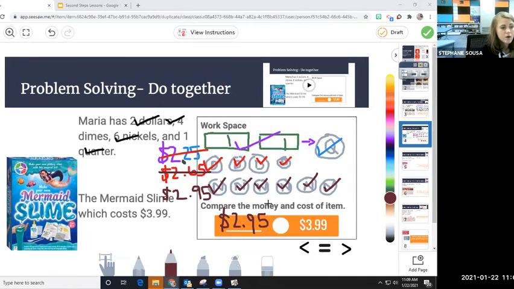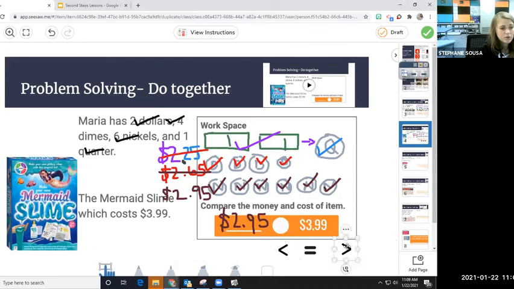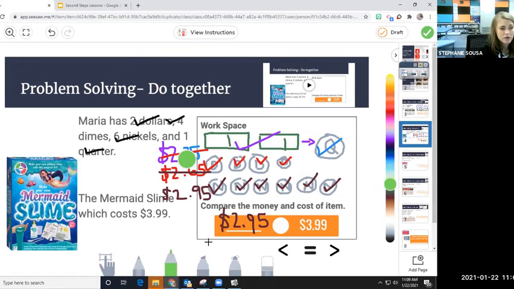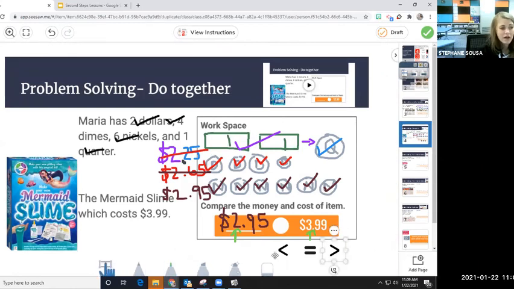Okay, now we have to compare. Is this less than, equal to, or greater than? Well, let's look at our dollars. This one has $2. Oh, look at this. The price is $3. I do not have enough.